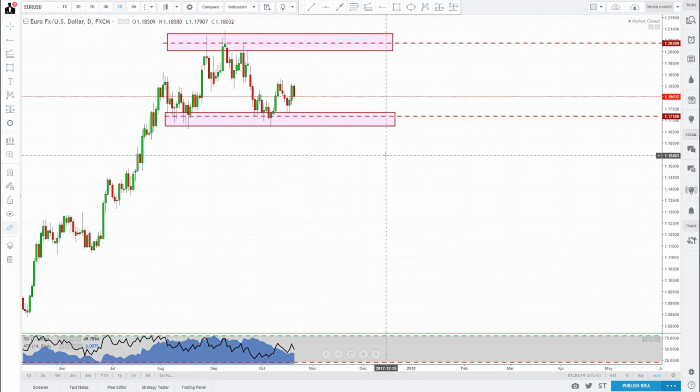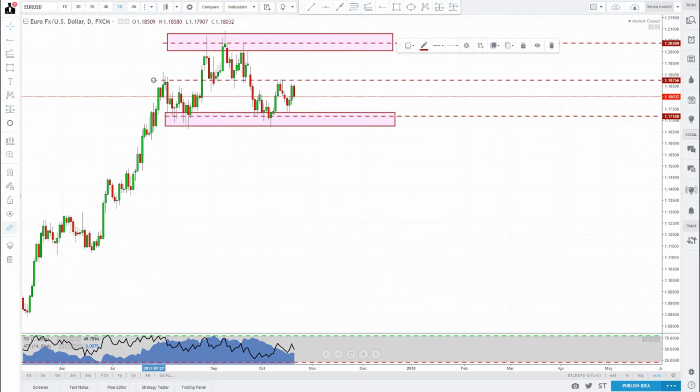These two zones are the ones I'm most interested in because I know they are the edges of the channel, so we have the highest probability trades around these zones. Of course, there is a middle structure point right here, but in order to trade from there, I want some price action confirmation, something like a small formation that makes me think it is going to reverse. Otherwise, I am just paying attention to the edges.